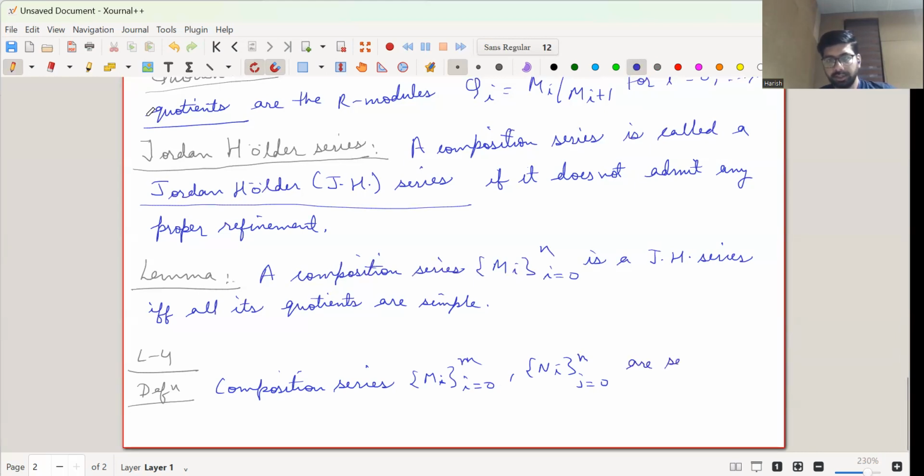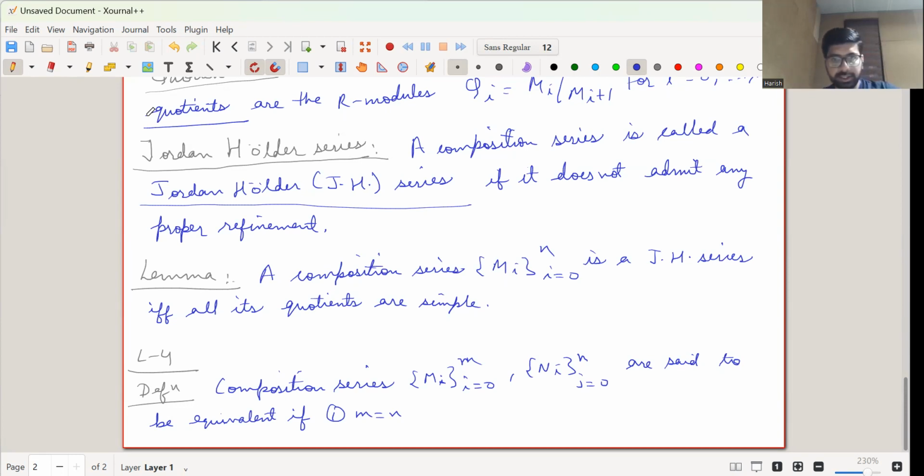And they are said to be equivalent if, first, m equal to n, meaning they have the same number of intermediate submodules in the chain.